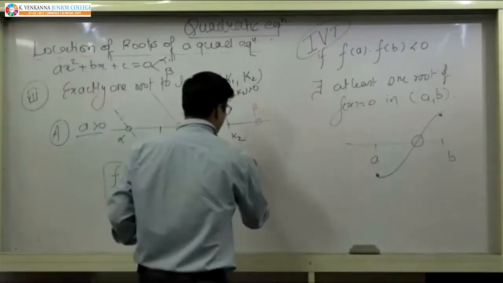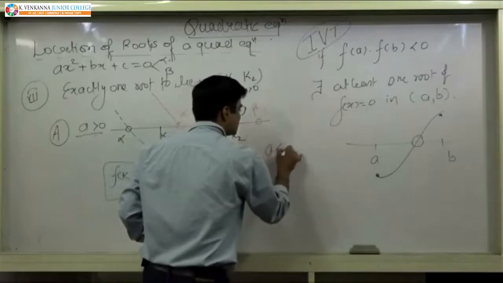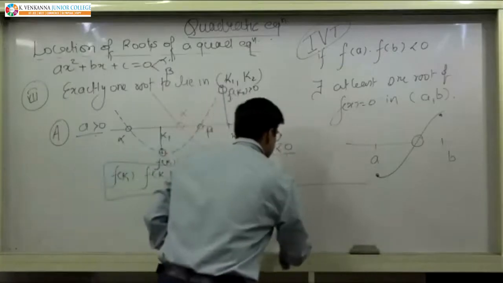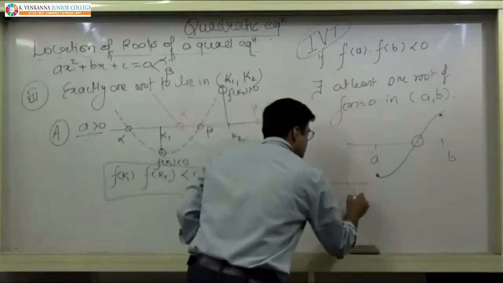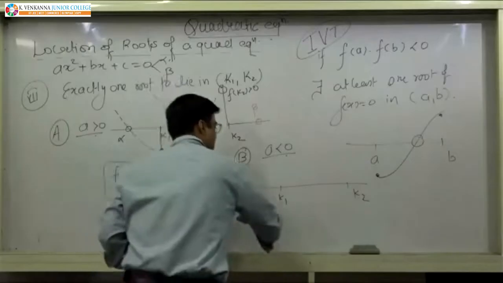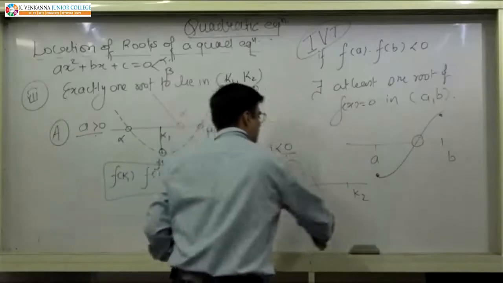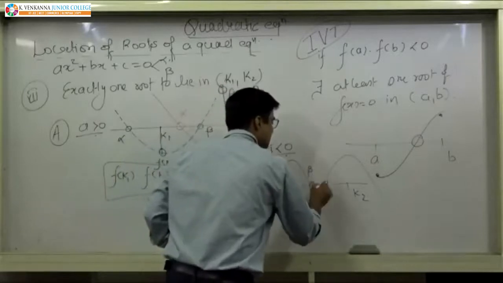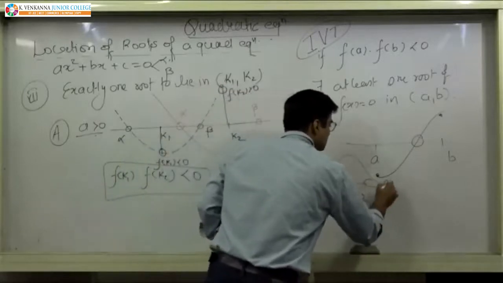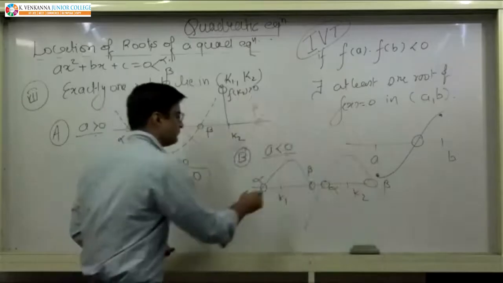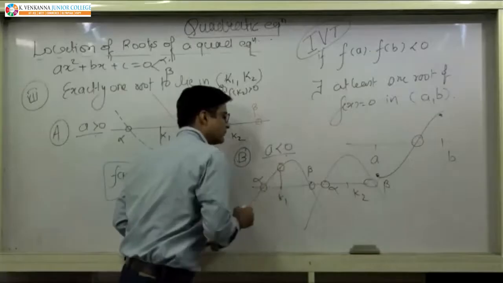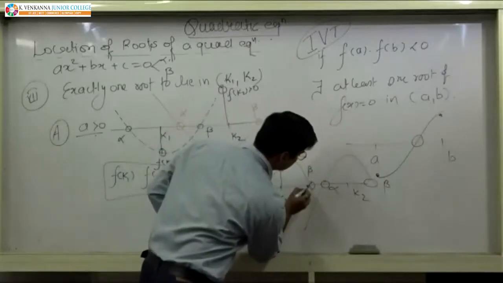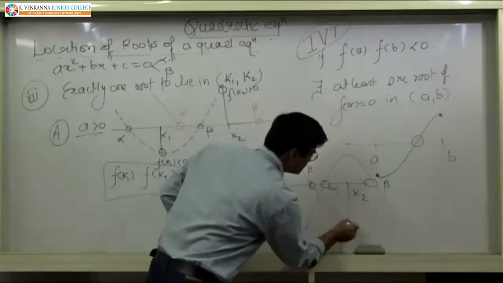Let's say if I talk about a lesser than 0, that means downward opening curve, and this is your K1 and this is your K2. So either this is the possibility or this is the possibility. This is your alpha, this is your beta, this is your alpha, this is your beta. So again, if you see, f of K1 is positive and f of K2 is negative.